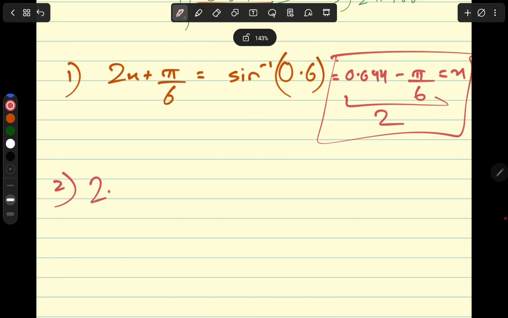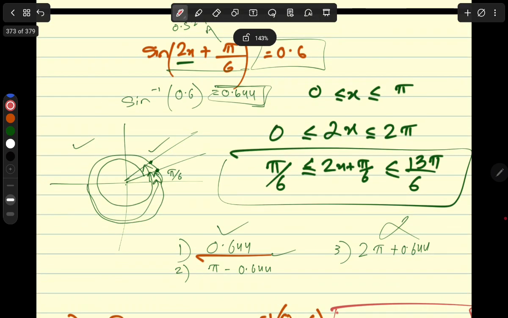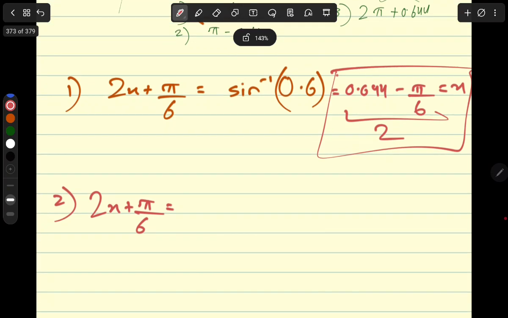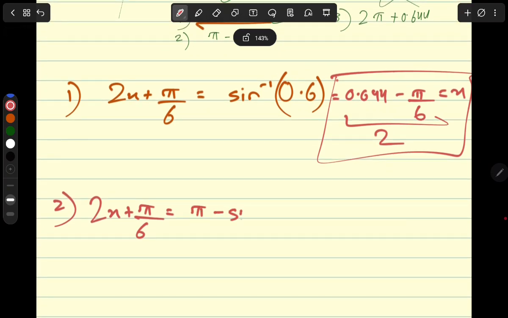The second answer is going to be 2x plus pi by 6 equal to the second quadrant, which is pi minus this answer. So pi minus sine inverse of 0.6, and sine inverse of 0.6 we know is 0.644. So 3.142 minus 0.644.